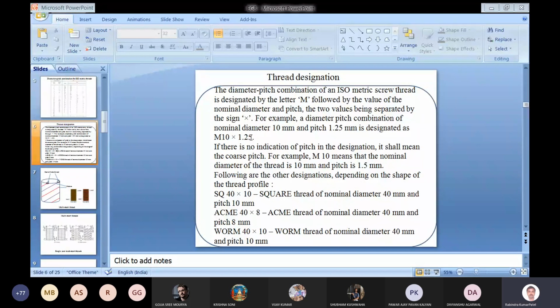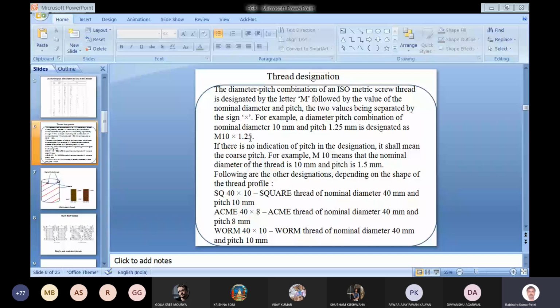In this way, if the nominal diameter and pitch of the metric thread have been given, then we can designate it in short like this. Other designations are for the square thread: SQ 40 into 10, where 10 is the pitch and 40 is the nominal diameter. ACME thread 48 like this. Worm thread, worm 40 into 10 like this.